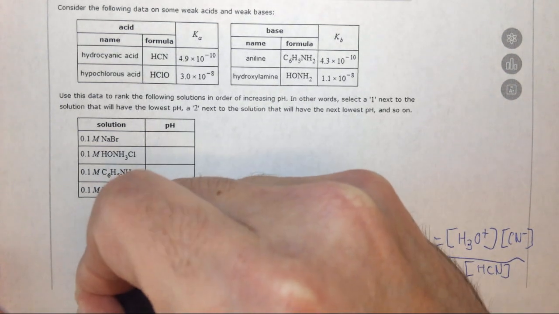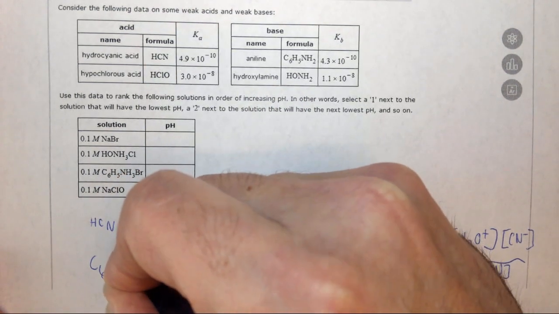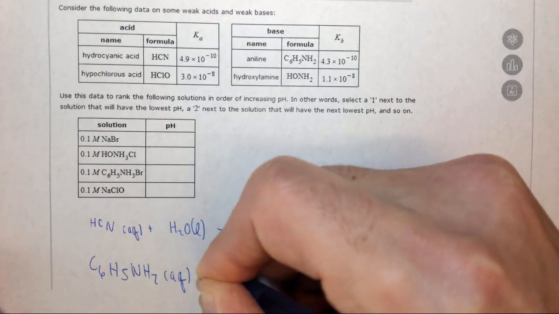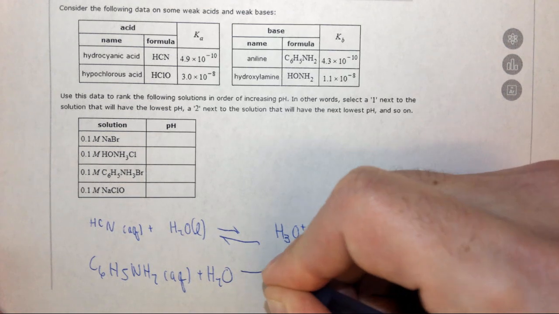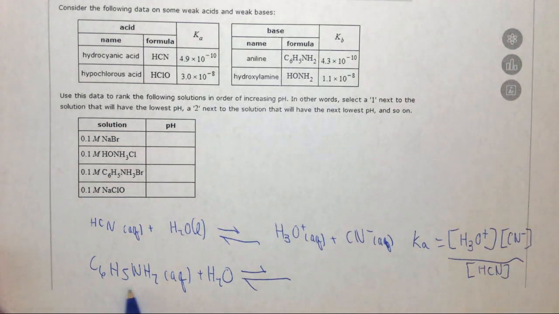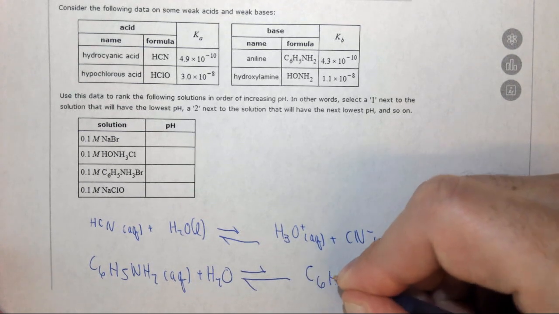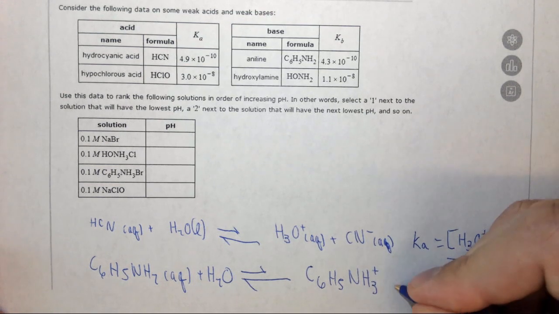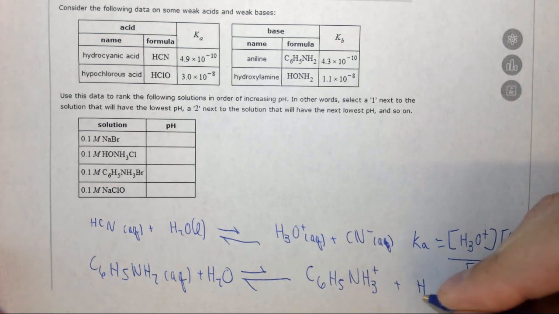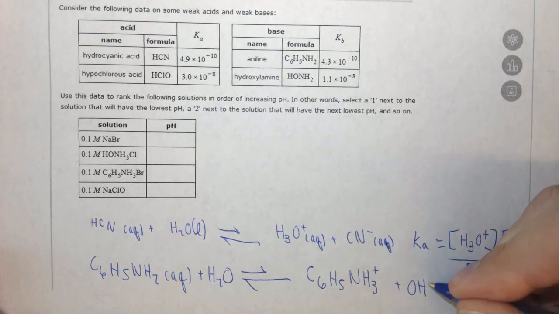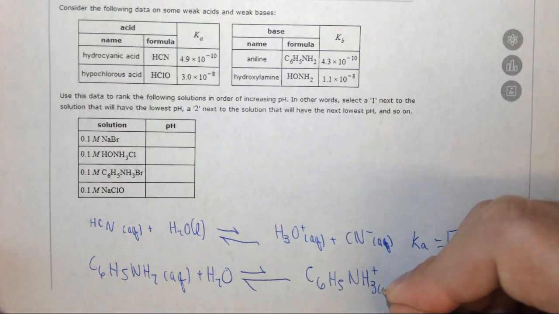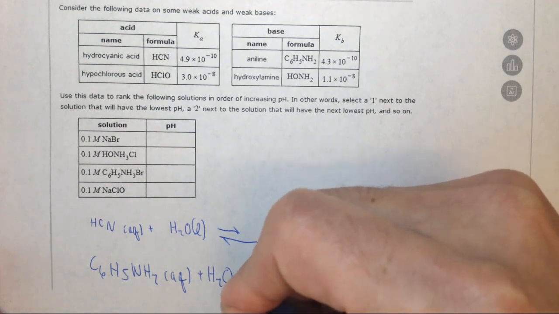So if we have C6H5NH2 aqueous plus water, and in this case, this is a weak base, so it's going to take a proton away, and we end up with C6H5NH3+ plus OH-, aqueous, and I forgot an aqueous here and a liquid here.